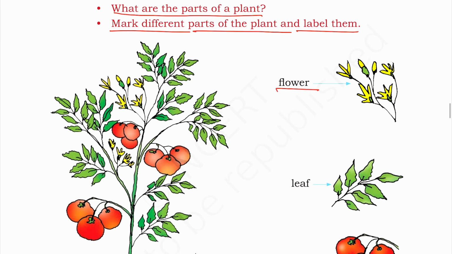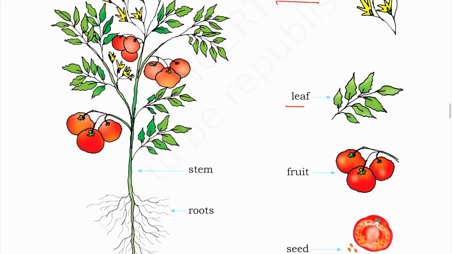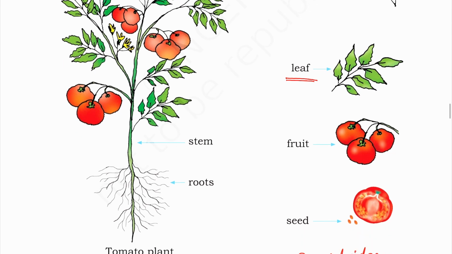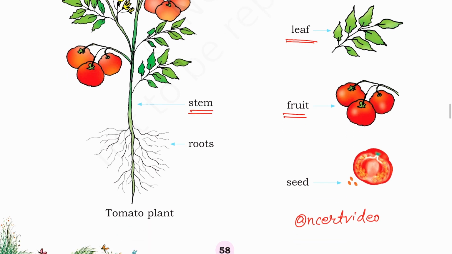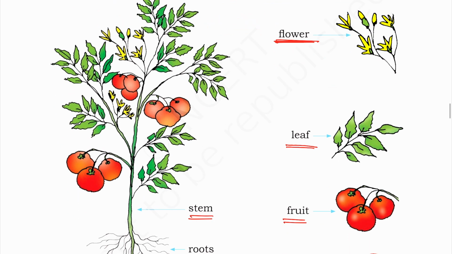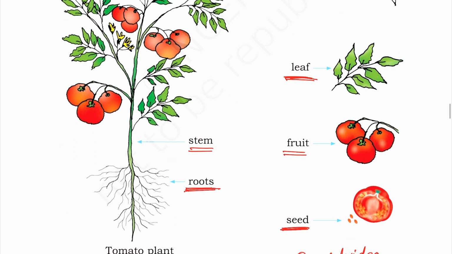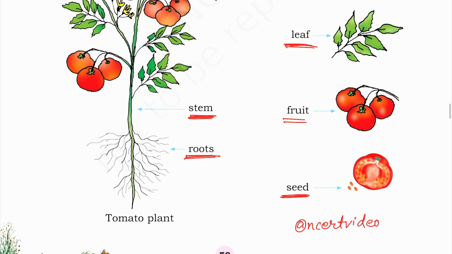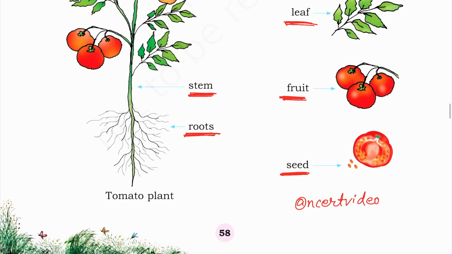Flower, leaf, stem, fruit, root, roots, seeds. Once again: seed, flower, leaf, stem, roots, fruit, seed.